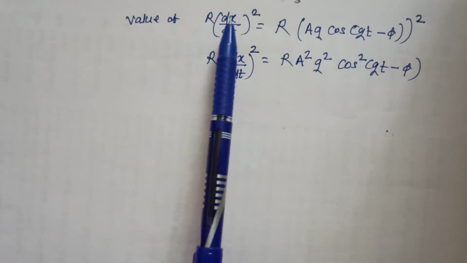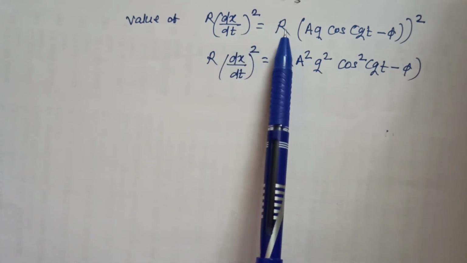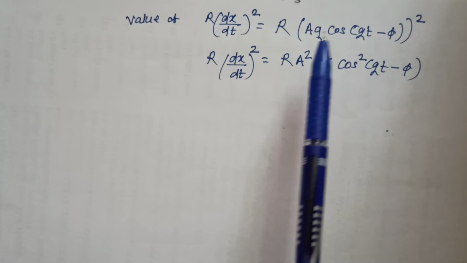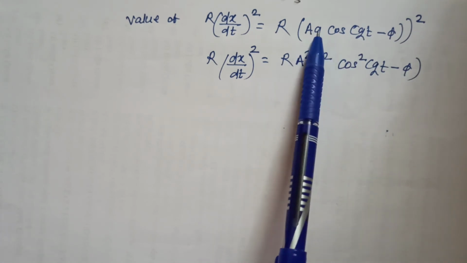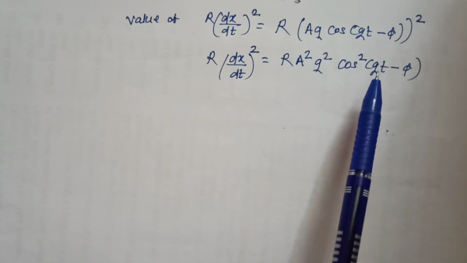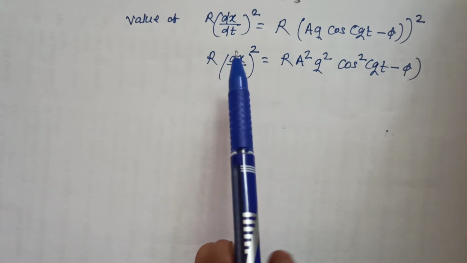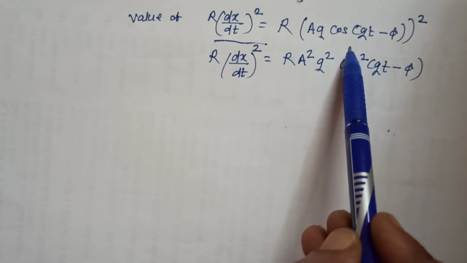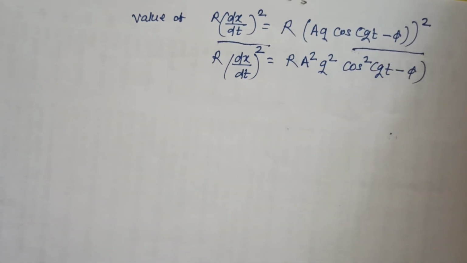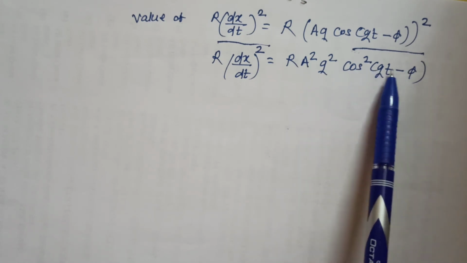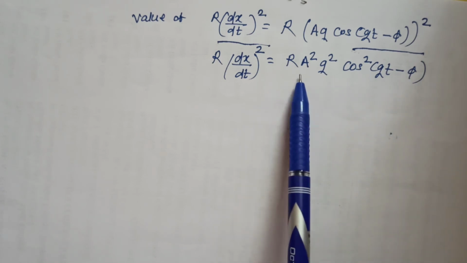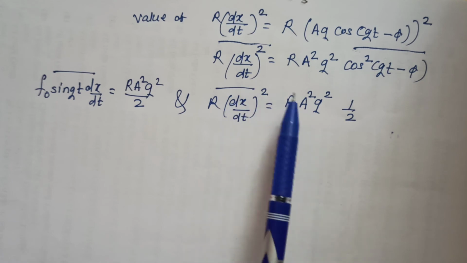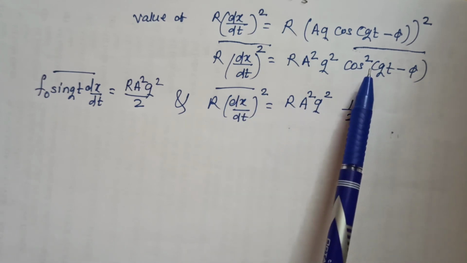The value of r (dx/dt)² is r times [aq cos(qt − φ)]², that is r a² q² cos²(qt − φ). Take the average of both sides: r (dx/dt)² average is r a² q² times the average of cos²(qt − φ). The average value of cos²(qt − φ) is half. So the average of r (dx/dt)² is r a² q² into half.